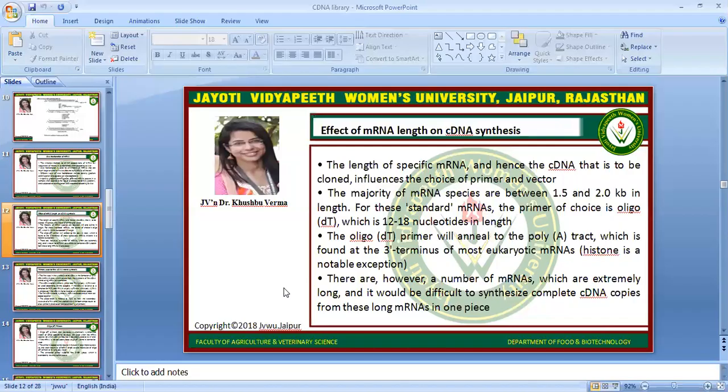The oligo-dT primer will anneal to the poly-A tract, which is found at the 3' terminus of most eukaryotic messenger RNA. Histone mRNA is a notable exception. There are, however, a number of messenger RNA which are extremely long, and it would be difficult to synthesize complete cDNA copies from these long messenger RNA in one go.